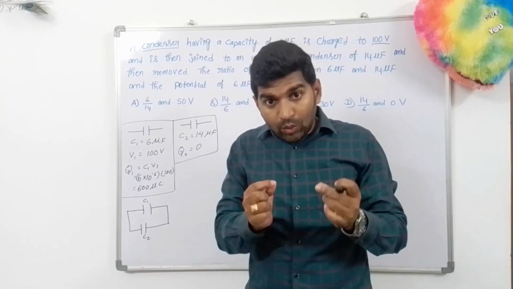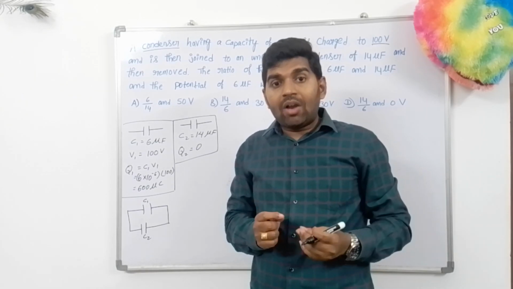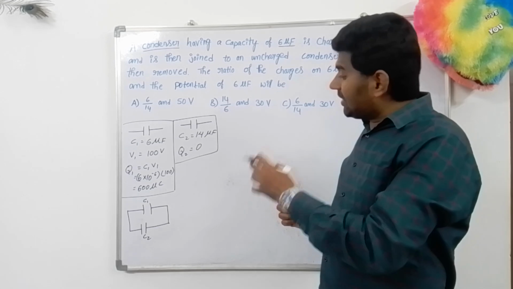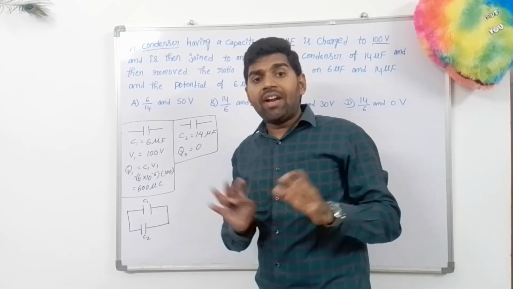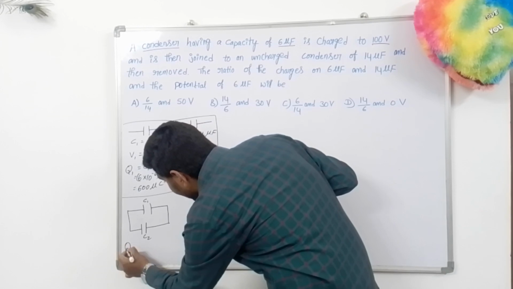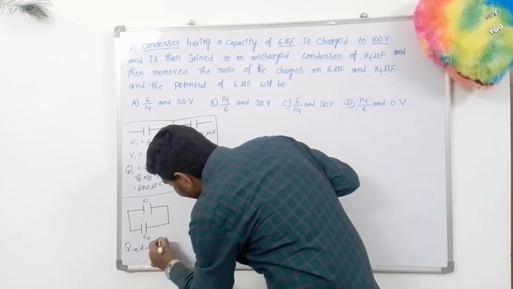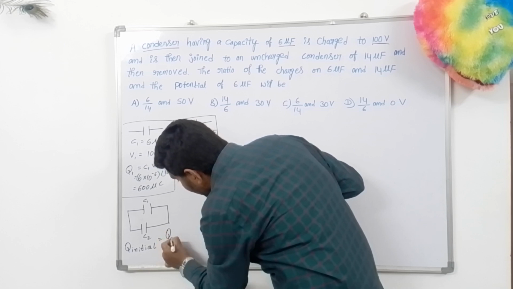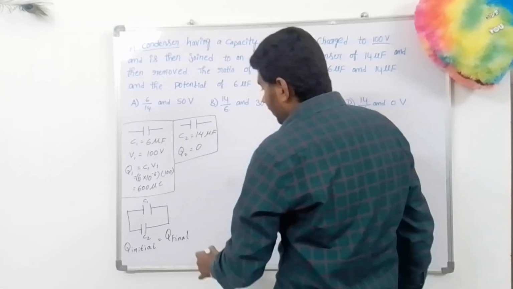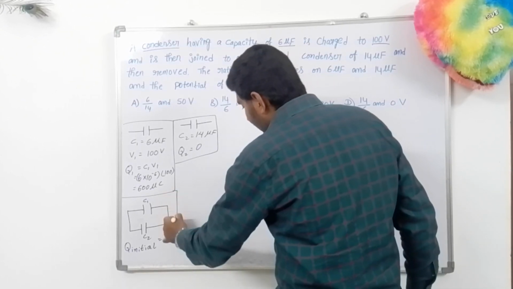Remember, if the two capacitors are joined like this, according to law of conservation of charge, the initial charge must be equal to final charge. Q initial is equal to Q final. Whenever both are connected, Q initial is equal to Q final.